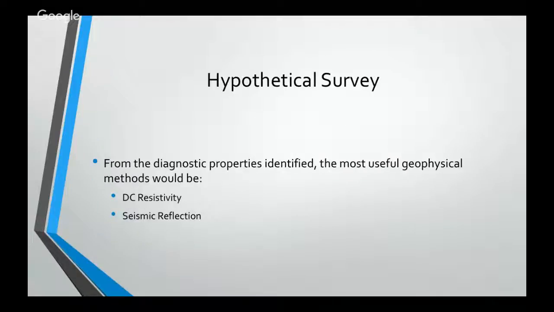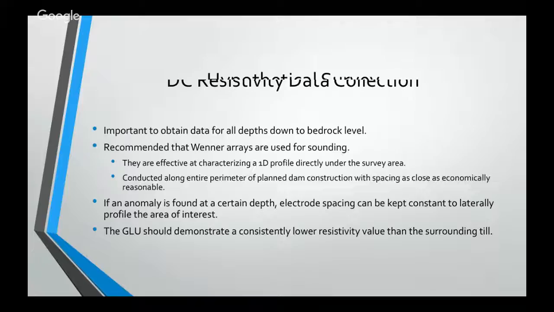The hypothetical surveys we're using are DC resistivity and seismic reflection. We start with the DC resistivity. For the data collection, it is important to obtain data for all depths down to bedrock level, and the Wenner array is required for the sounding process. The glacial lacustrine unit should demonstrate a lower resistivity than the surrounding till.